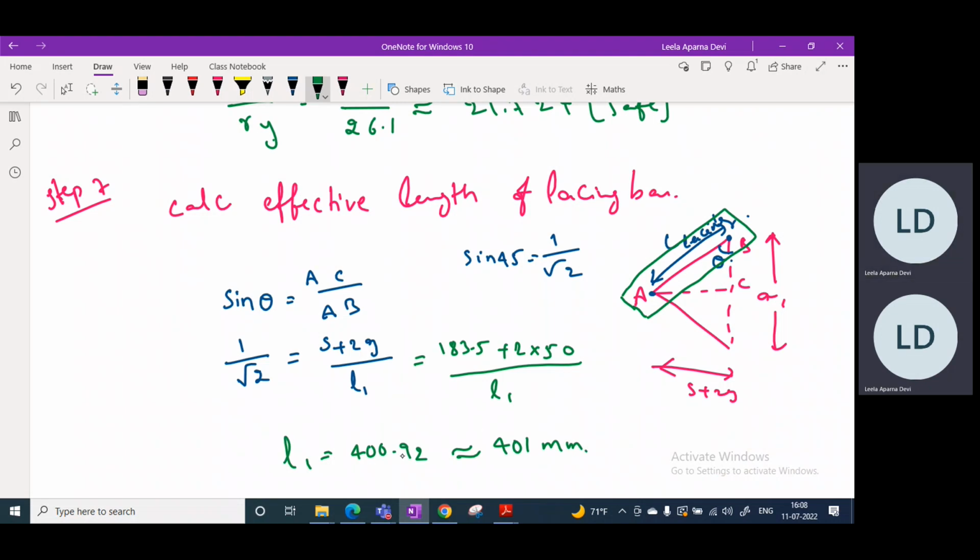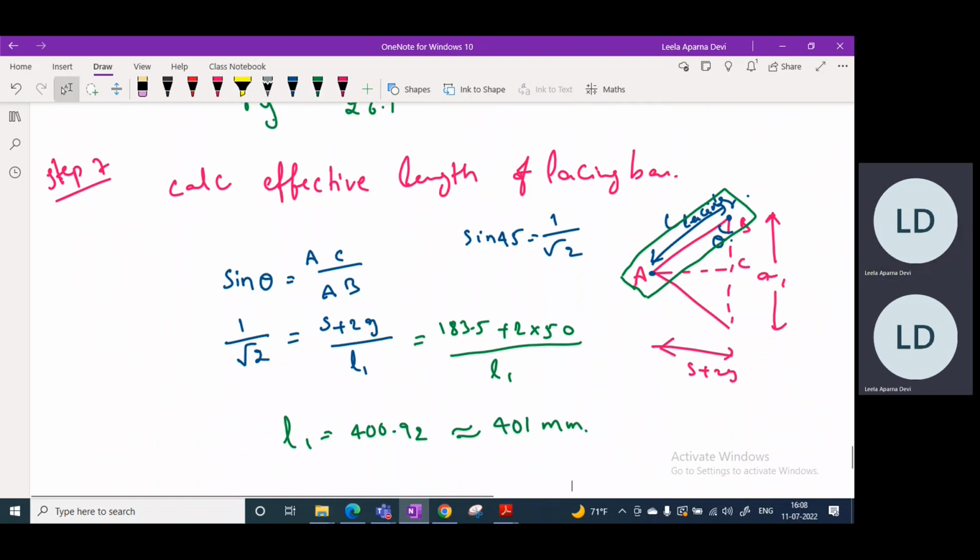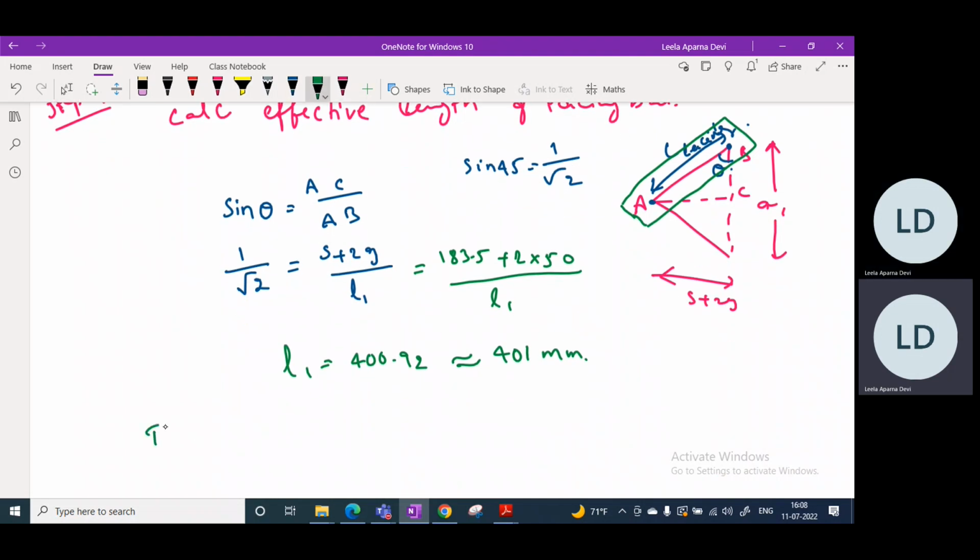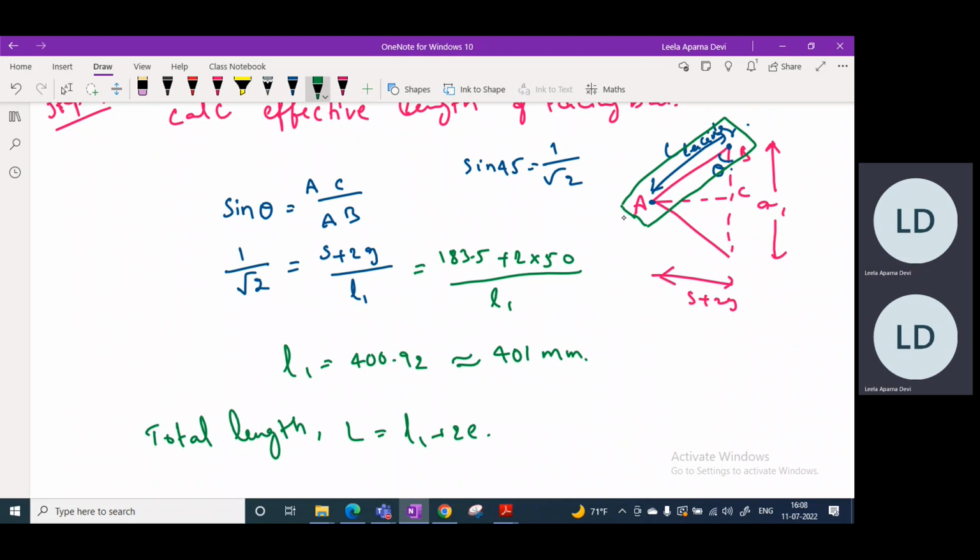And also now the total length will be L equals L1 plus 2E. So L1 is the effective length, and to this you add the edge distance. This is one edge distance and this is another edge distance. The minimum edge distance I am taking here, which we have used in bolt calculation, is 1.5 times d naught.